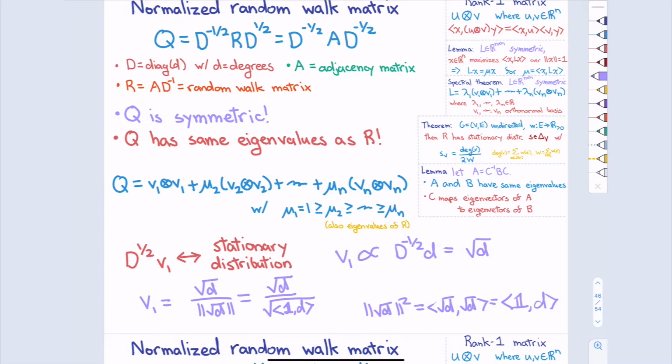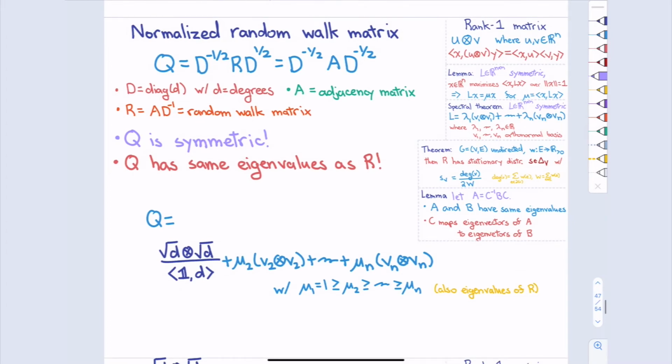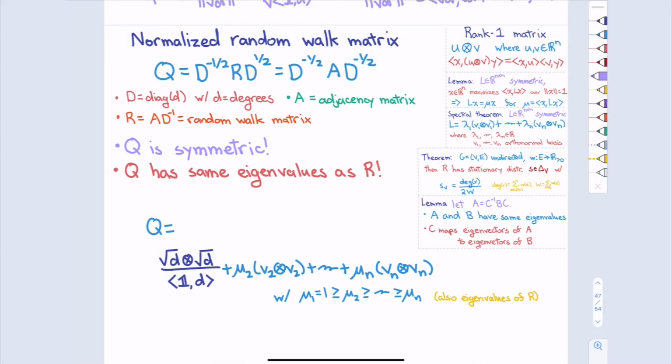So we're learning quite a lot about v1. If I plug in what we just did, square root d divided by the square root of the inner product of 1 with d, plus the outer product, so the two square roots cancel out. We now know that the normalized random walk matrix looks exactly like this.